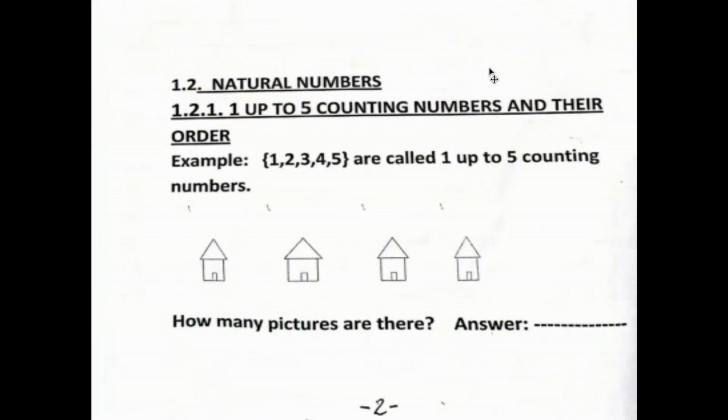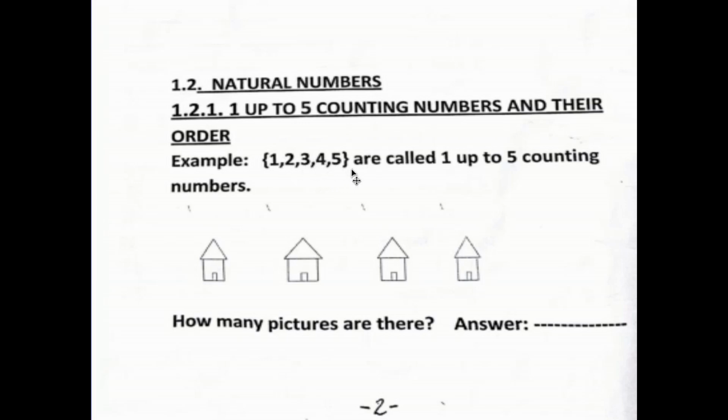All right, in this topic we're going to see natural numbers. As we have said earlier, when we say natural numbers, they are counting numbers. You can say they are counting numbers from 1 up to 5. So let's see their order: 1, 2, 3, 4, 5.